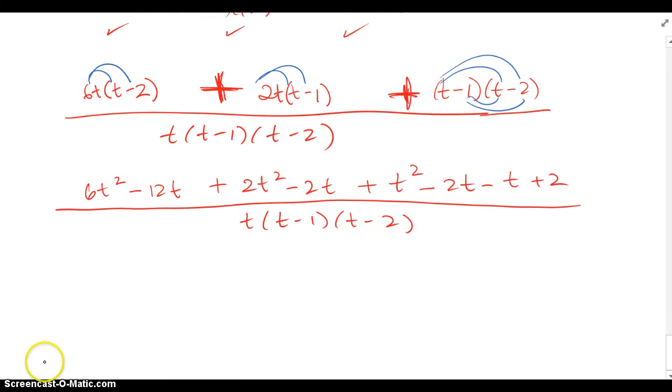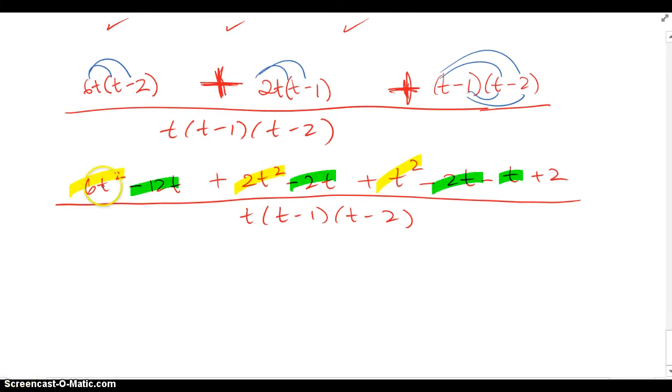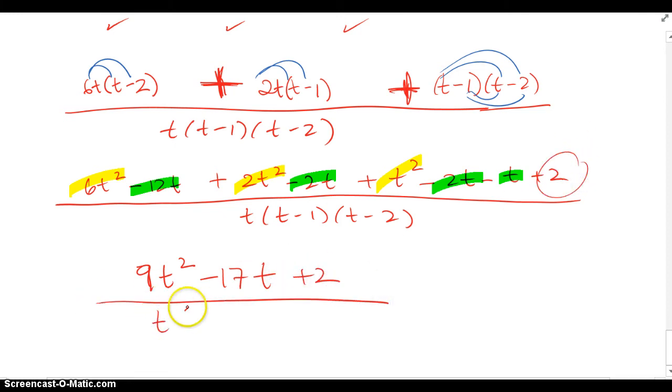Now let's go clean this up. So it looks like I have a 6t squared, a 2t squared, and a 1t squared. That is 8 and 1, 9t squared. I have minus 12t minus 2t, that's minus 14t, and then another minus 16t, and then another minus 17t. And then I have this last guy, positive 2, all over t, t minus 1, and t minus 2.